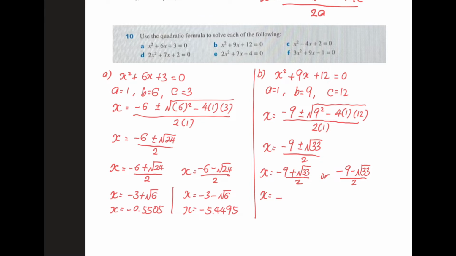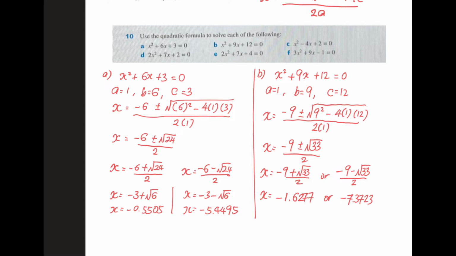We get negative 1.6277, or minus 9 minus square root of 33 divided by 2. For this case, we get negative 7.3723. So these are the answers.